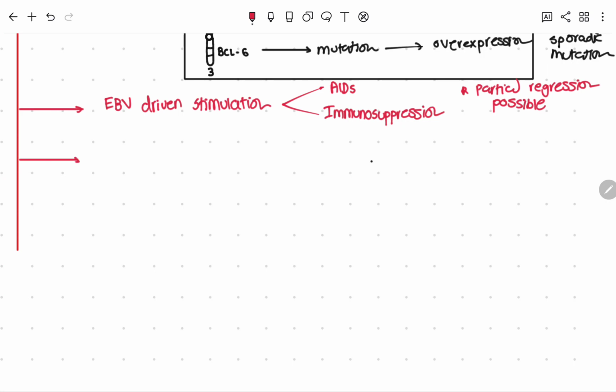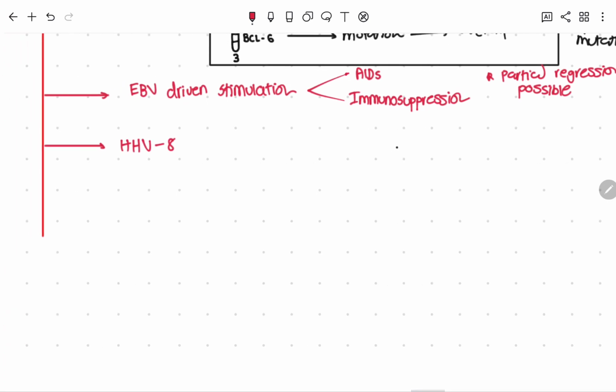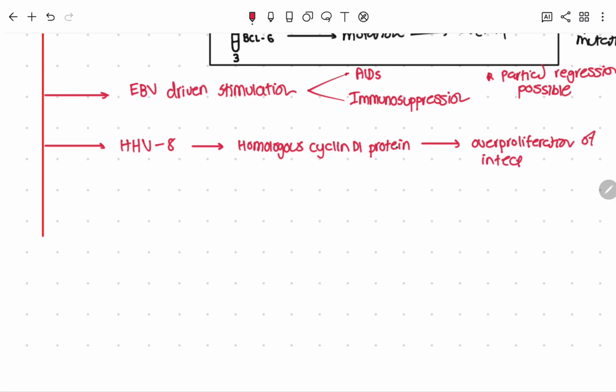Another cause of diffuse large B-cell lymphoma, which you'll remember from microbio, is infection by HHV8 virus, which is associated with a homologous cyclin D1 protein that stimulates the over proliferation of infected B cells.